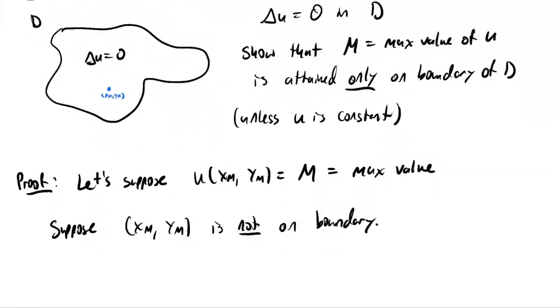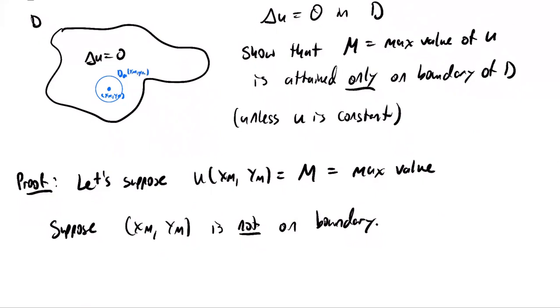If you think back to our discussion from before, maybe you can see where we're going with this. Let's suppose the point is inside the interior of the domain. Then I can find a disk centered at that point which is still contained inside my domain.